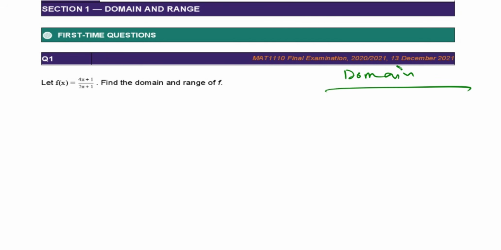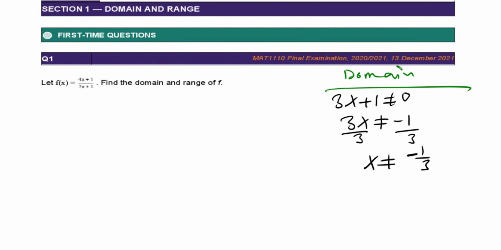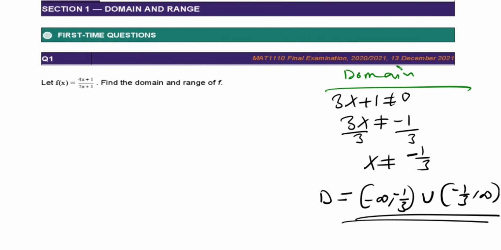Therefore, get what is on the denominator, set it not equal to 0, and solve for x. 3x not equal to -1, divide by 3, x not equal to -1 over 3. Therefore, the domain starts from negative infinity all the way to -1 over 3, not included because we're excluding that. We don't want -1 over 3 to be part of it. So you say union, then -1 over 3 all the way to positive infinity. This is my domain.